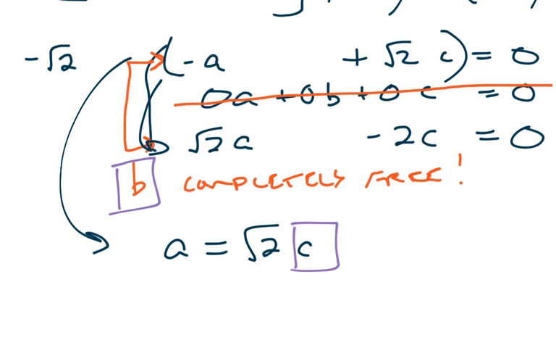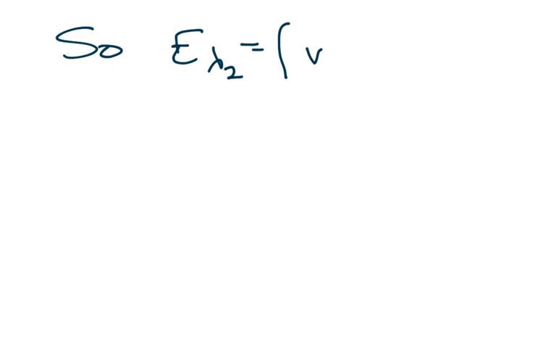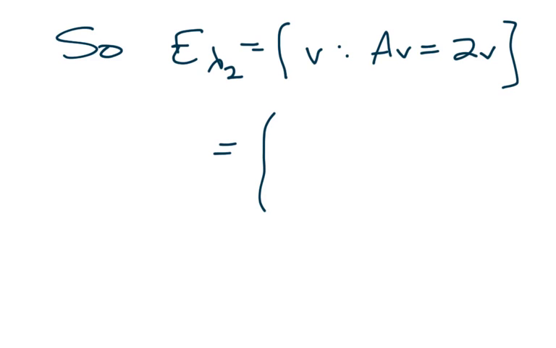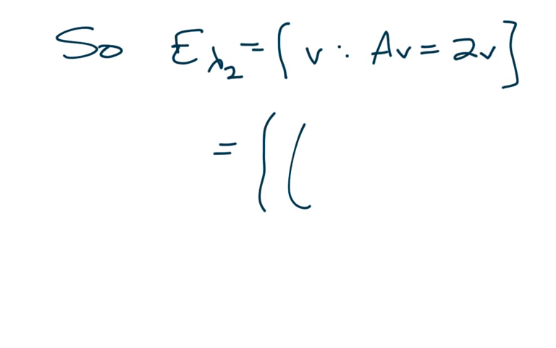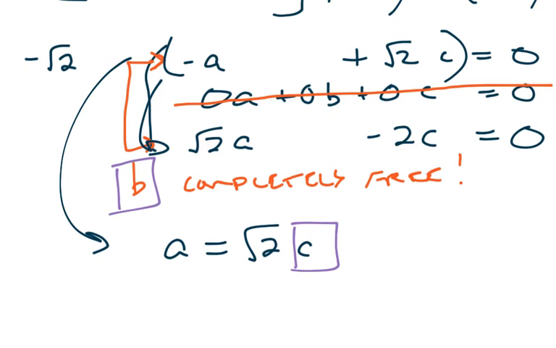And so everything in this eigenspace, E sub lambda 2, which is the set of all V's such that AV is equal to 2V, well, what we just discovered is that this is the set of all vectors that look like, let me go back and see what was free, C was free and B was free. And A was root 2C.